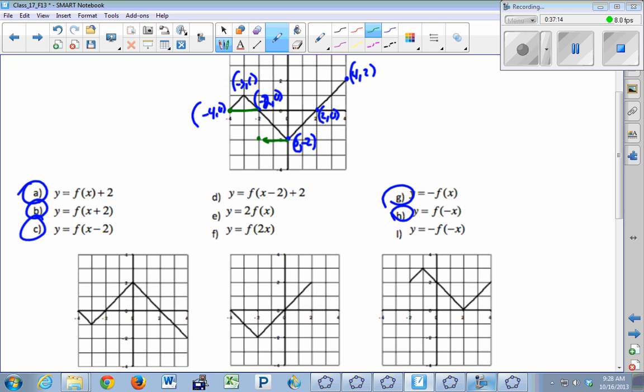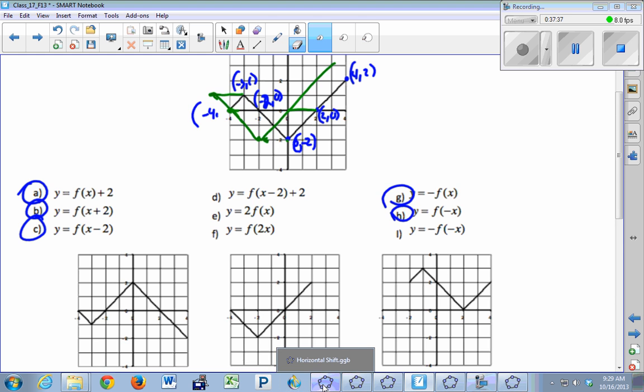So take every single one of them and shift them left 2 units. Okay? Just shift them. Everything moves to the left 2 units. So it should look something like that without those little horizontal. So I just shifted it 2 units to the left. So now you've got to find that picture. And where is that picture?